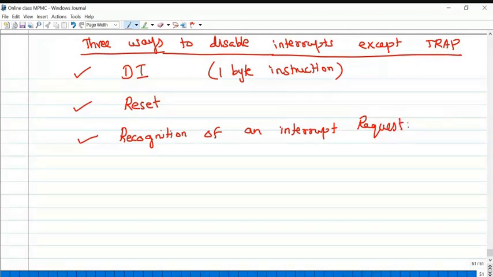Please remember, there are three ways to reset or disable your interrupts, except trap. By executing DI, or manually using the reset pin, or the microprocessor itself disables the interrupt flip-flop whenever any interrupt request is detected. Then it is enabled again once the interrupt service routine is completed for the corresponding interrupt.